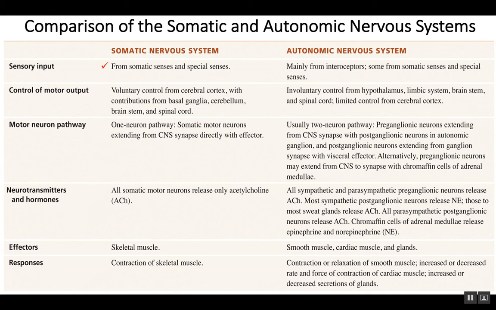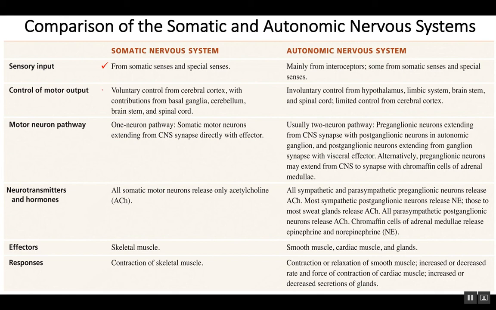So number one, sensory input of the somatic nervous system comes from somatic senses and special senses. Again, somatic senses you can think of when you touch an object, pain, temperature, when you feel changes in temperature. Those are all somatic senses. And then special senses would be vision, taste, smell, and hearing.